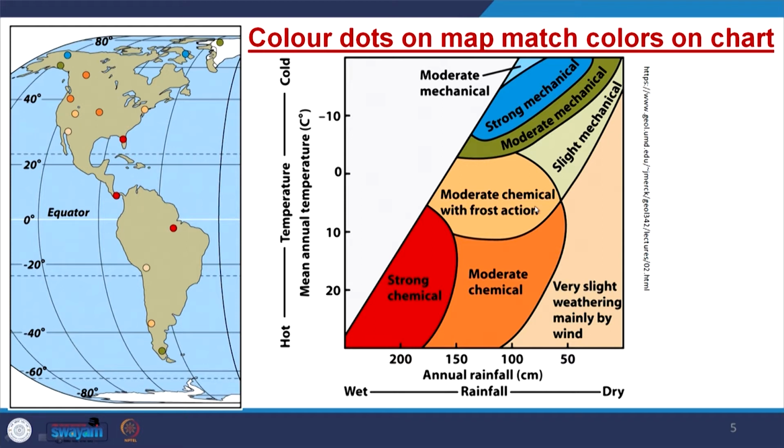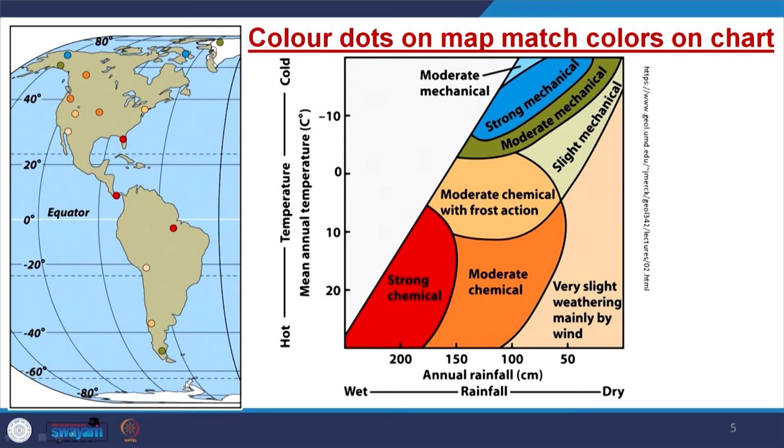Similarly, here moderate chemical with frost action. So, the colors of these dots correspond to the colors of this weathering system here, and these blue dots are strong mechanical weathering because it is the permafrost region in the northern part. Similarly, in the southern part also we will get it here.